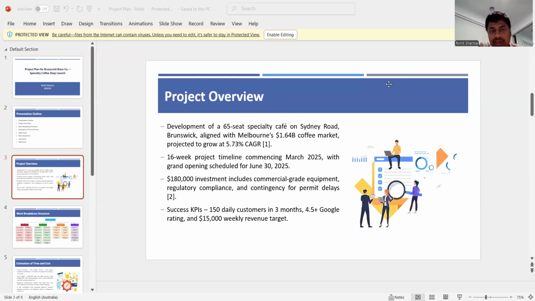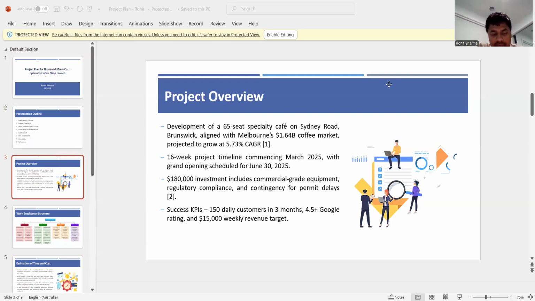In this project, we see there is a cafe concept: develop a specialty cafe with 65 seats located on Sydney Road, Brunswick. The cafe will serve high quality coffee, offering a unique experience to coffee lovers in a growing market.